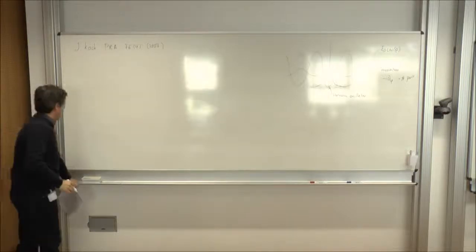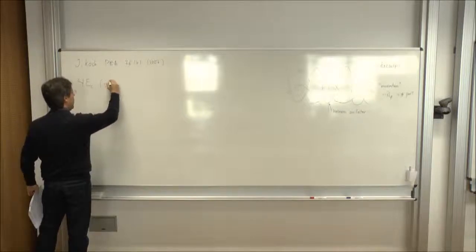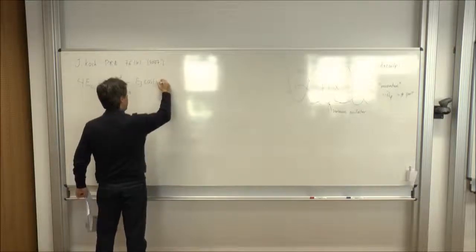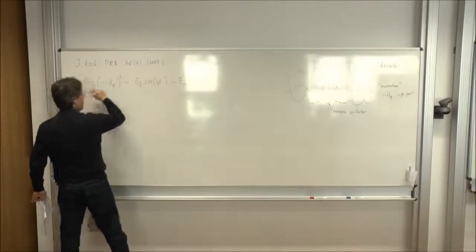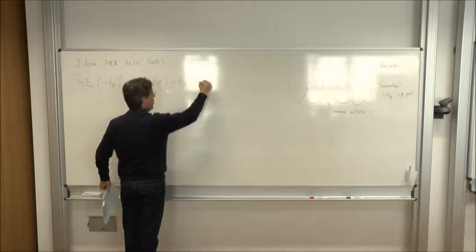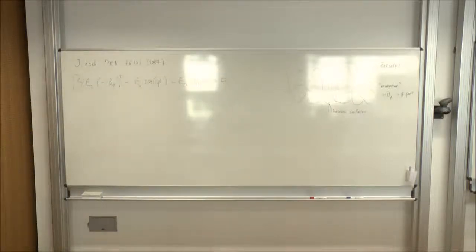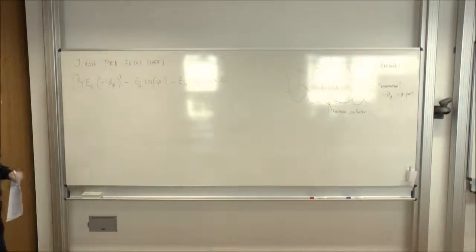We have to solve an equation that looks like 4 EC minus d squared over d phi squared minus EJ cosine phi minus the energy of the given state, acting on this wave function, should be 0. This is the eigenvalue equation, which can be solved. It has a name, it's a Mathieu equation. There are formulas for the solutions for the eigenmodes and eigenenergies of this equation, and you can find them in this PRA or also in Mathematica.